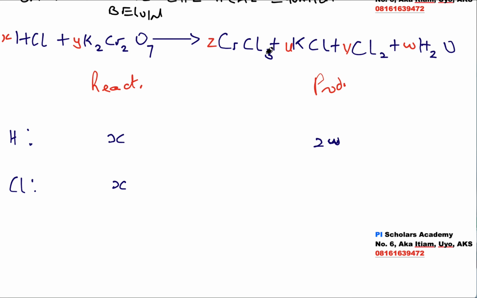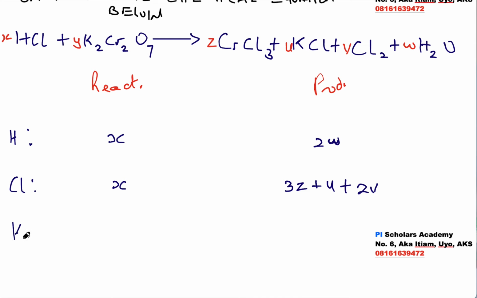We have chlorine here with a subscript of 3, but there's Z at the back, so we have 3Z. There's also chlorine here plus U, because that one does not have any subscript. Plus the next one with a subscript of 2 and V, so we have 2V. Now we are done with chlorine.